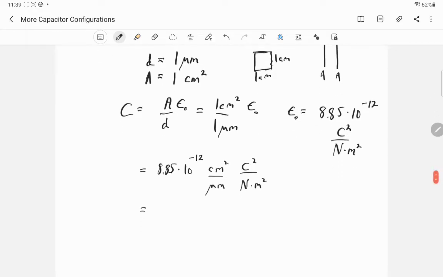So let's go through. A centimeter is 10 to the minus 2 meters, but I want all of that squared, because the area is 1 centimeter times 1 centimeter. And then I divide by 10 to the minus 6 meters. And then I've got coulomb squared per newtons times meters squared.